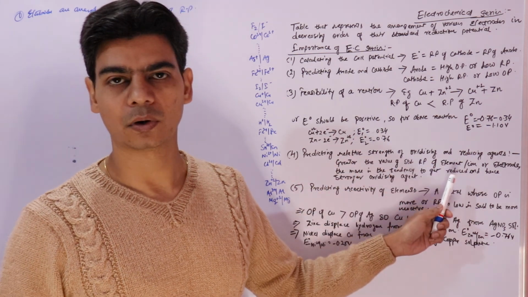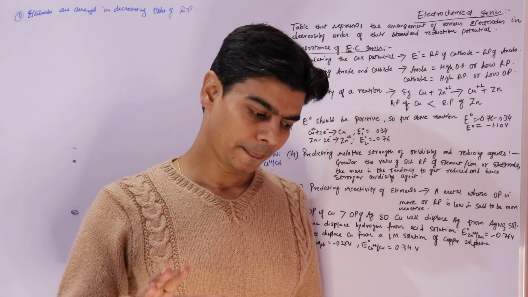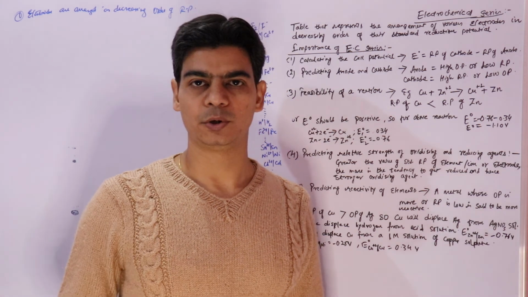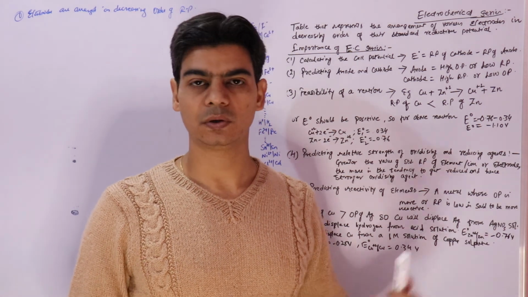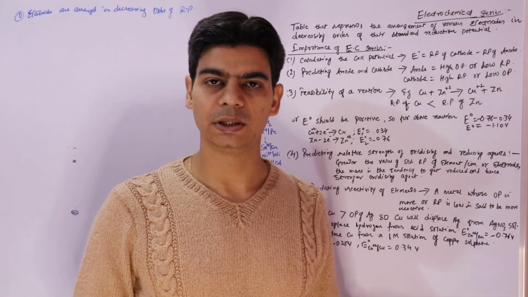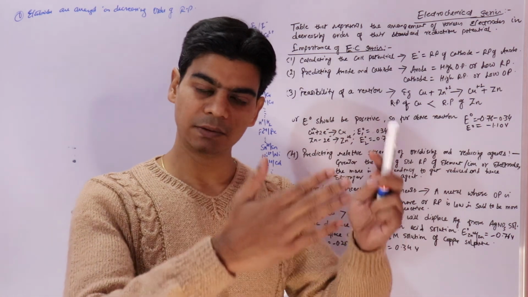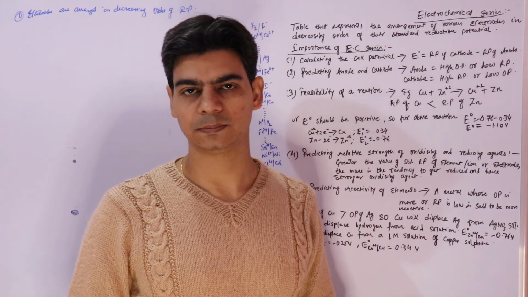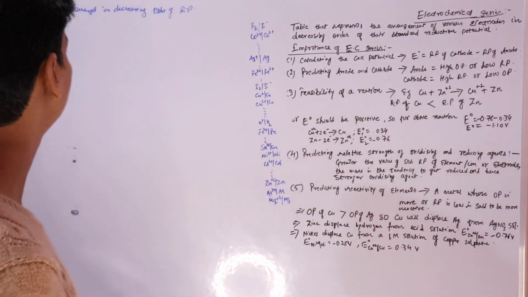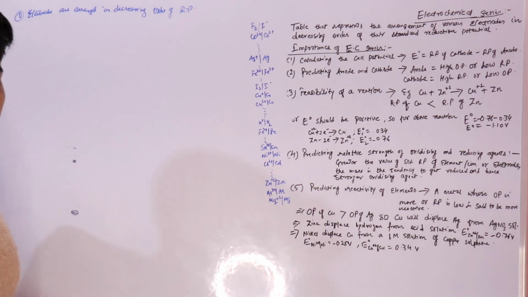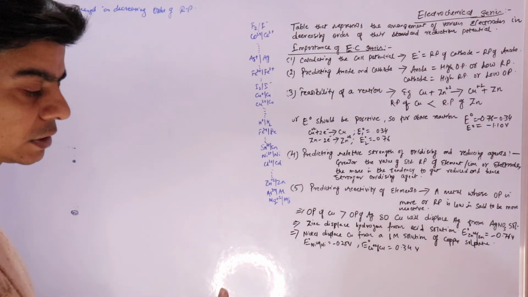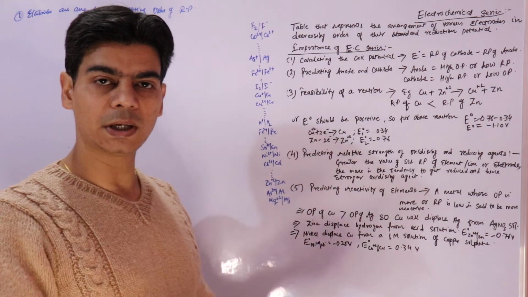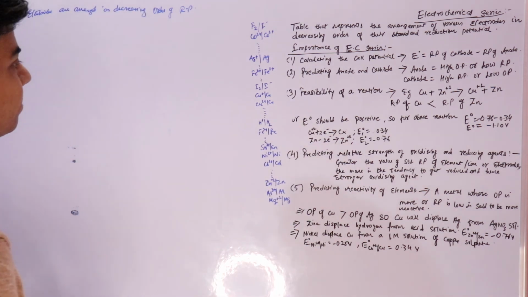Then in the third column you will see a value of electrode potential, which is your reduction potential as per IUPAC convention, and you will see that the values are decreasing as you move down the series.